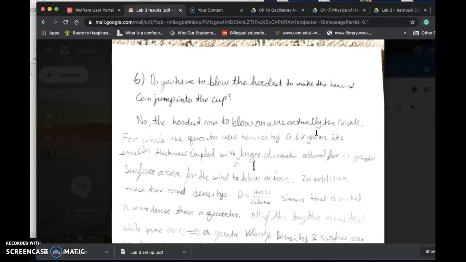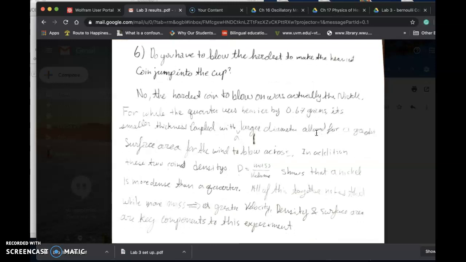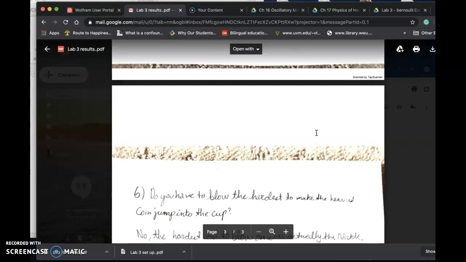In addition, these two coins' density, which is the mass divided by the volume, shows that a nickel is more dense than a quarter. All of this together notes that while mass does affect the wind's velocity needed to lift it, density and surface area are key components to this experiment, in that you need to equate not only how heavy something is, but how much surface area the wind is going to get in contact with.